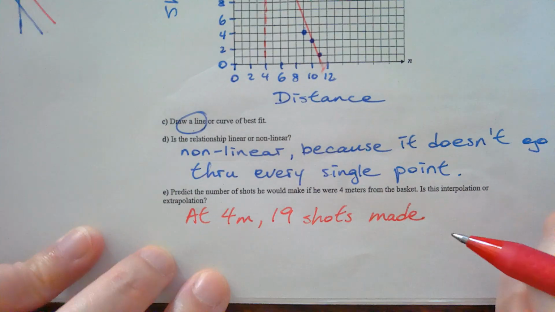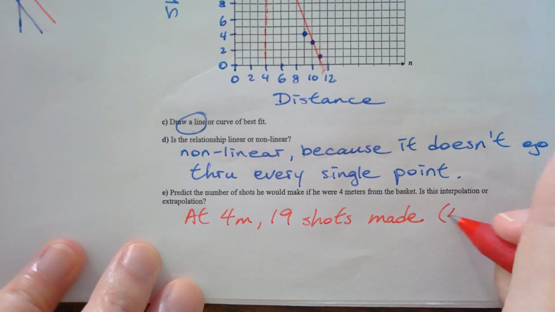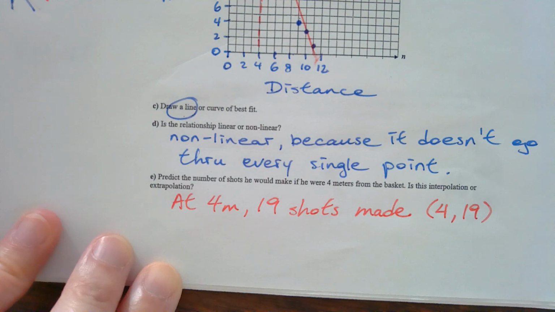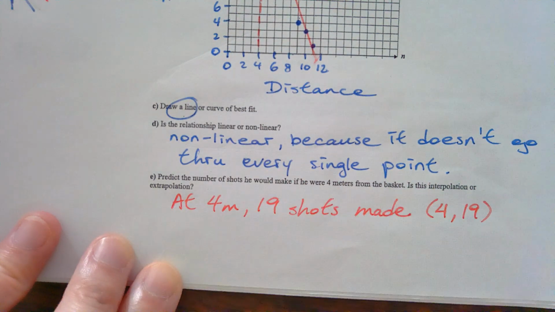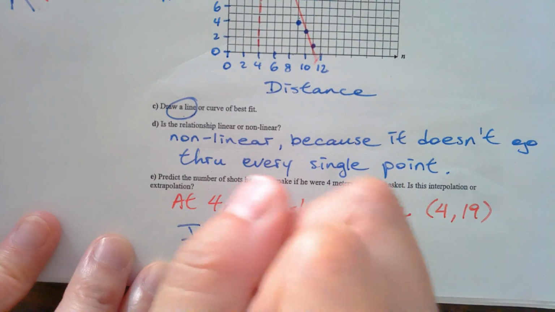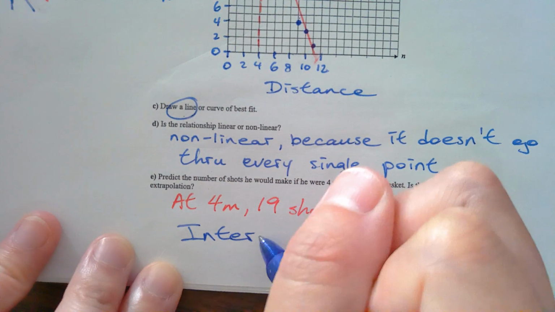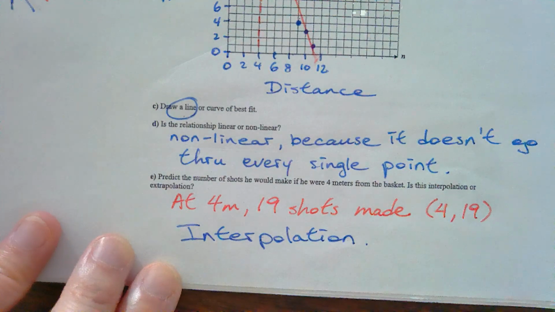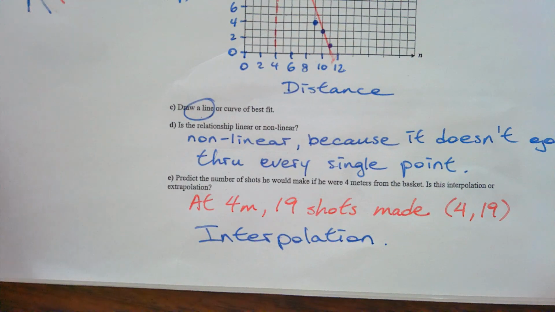If you were to write this as a coordinate, it's like 4, 19, like this. Is this interpolation or extrapolation? Interpolation, yeah, because it's within your data.